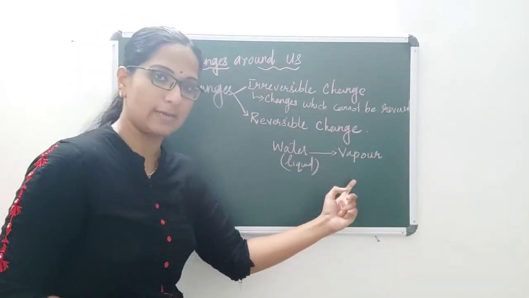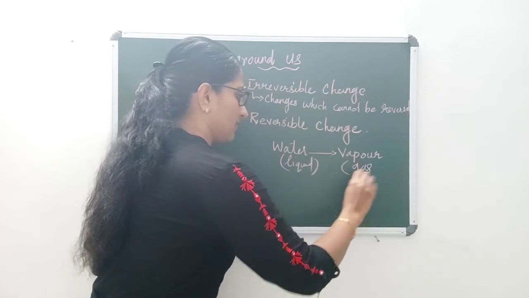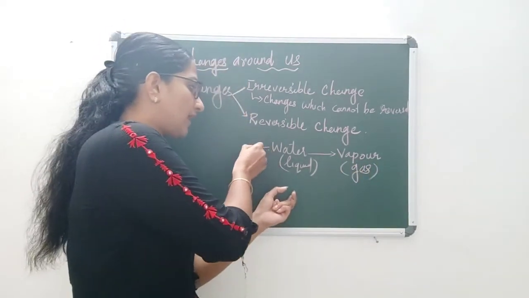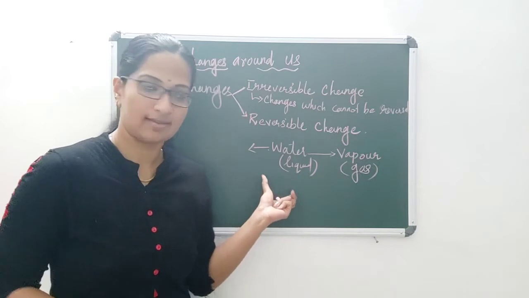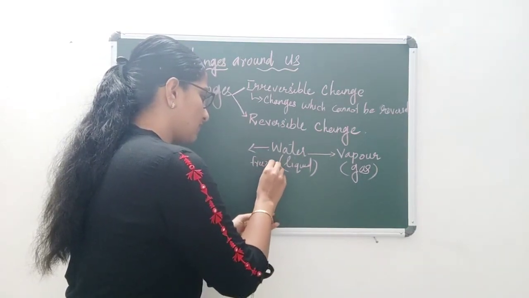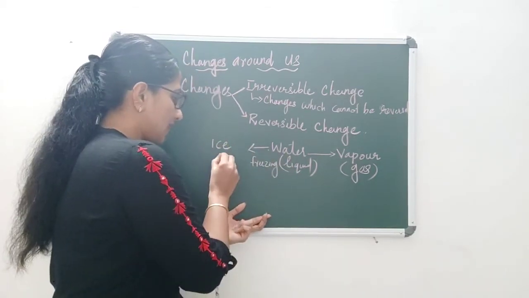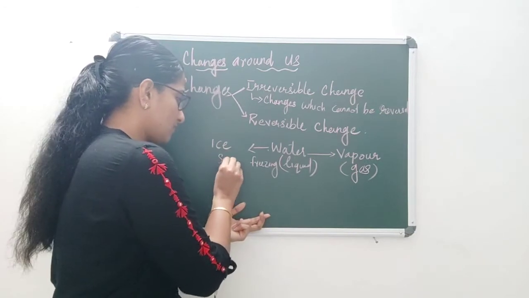Vapor means which state? The state is gas. Again, when you keep it for freezing, water freezes to get ice. Ice attains the solid form.